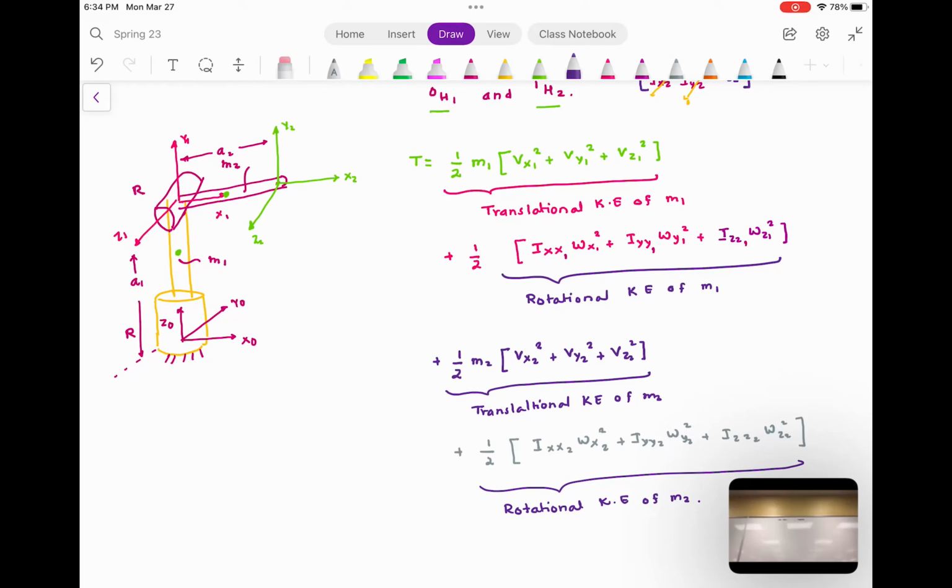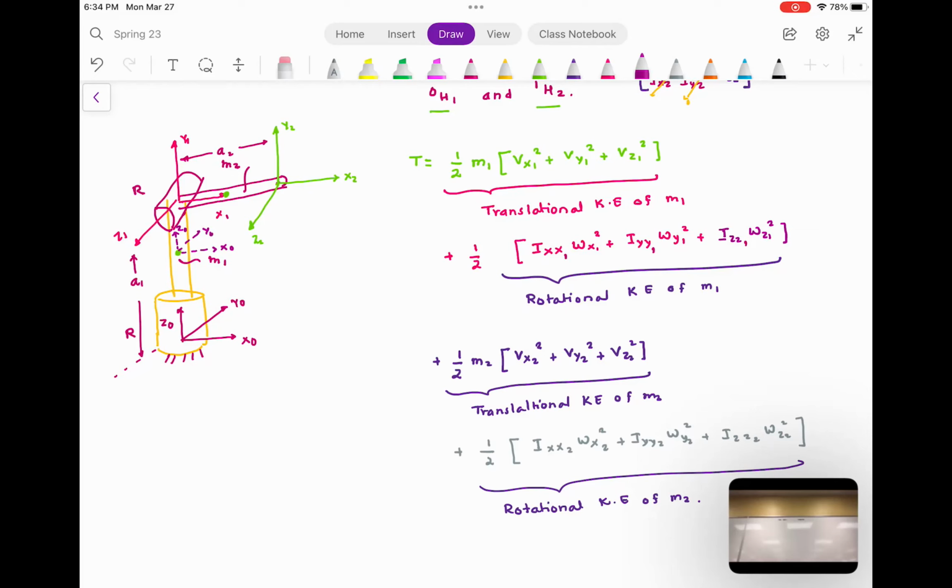So here is the idea. Take this inertial coordinate frame and place it over the mass m1. This inertial coordinate frame is going to be something like this: x0, z0, and y0.